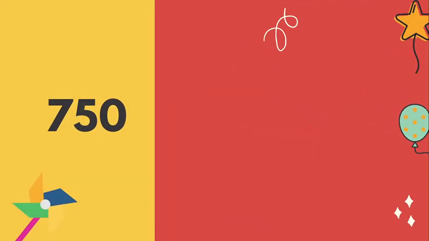Let's see one more example. The more you practice, the better you get in maths. The place of this 0 is ones, the place of 5 is tens, and the place of 7 is hundreds. So, we are going to read this numeral 750 the same way that we have read the previous numerals.